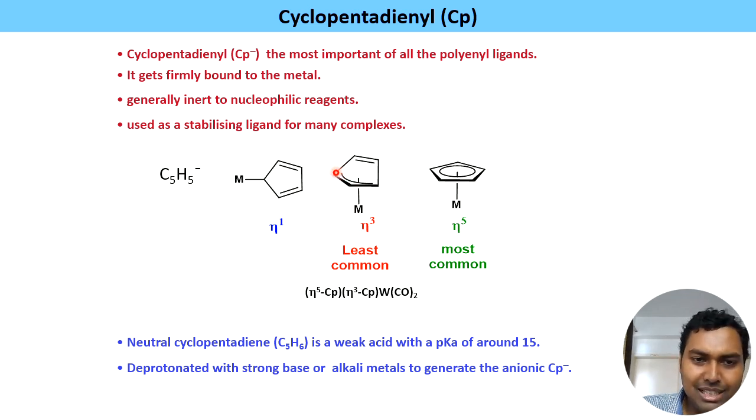Here only 3 carbon atoms are bound to the metal, but the other two, this double bond, are not bound to the metal. But the other coordination, the most popular and most common, is where all 5 carbon atoms of this C5H5 unit are bound to the metal, giving an eta 5 coordination complex.